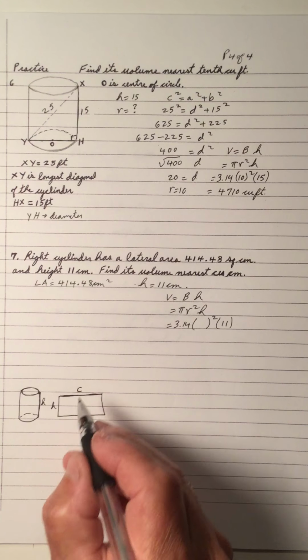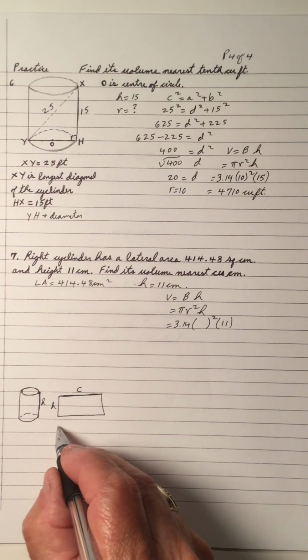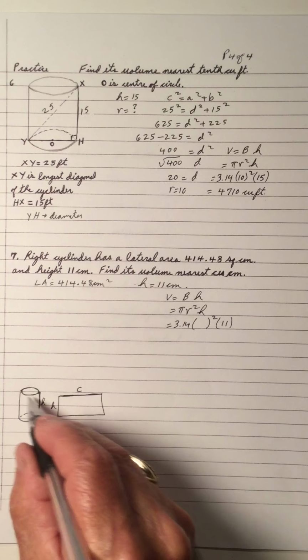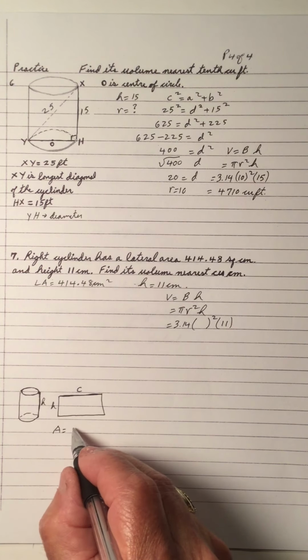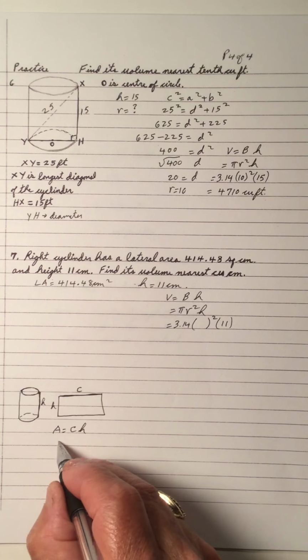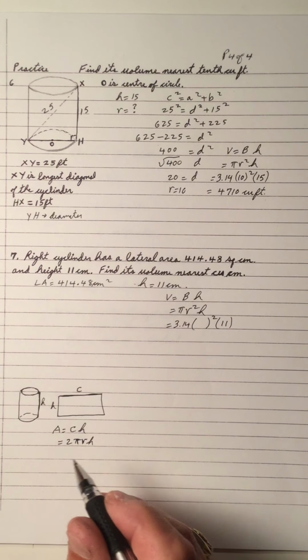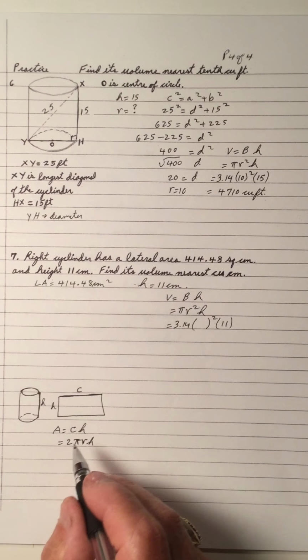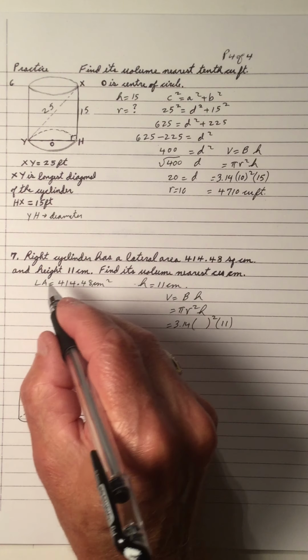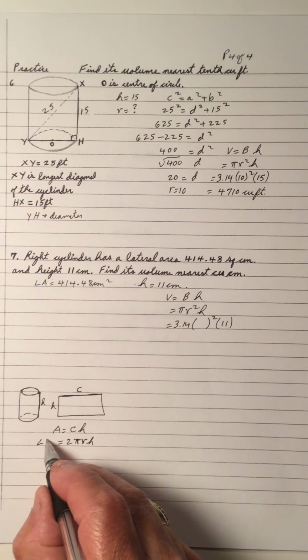So the area of the lateral area of this cylinder is circumference times height, and circumference is 2 pi r. Understanding what you're learning, knowing, not just memorizing, helps you to always get it right.